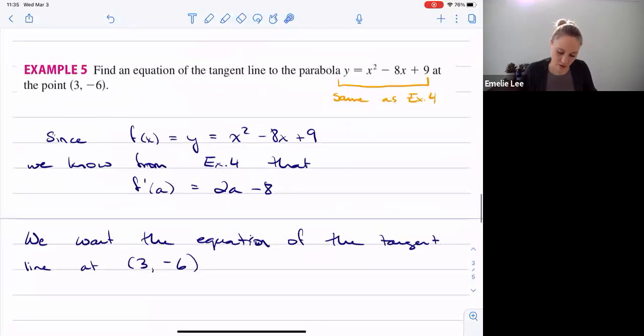Just to check it out here, if you plug in x equals 3, the y value should become -6. Otherwise, it's not a point on this line, right?